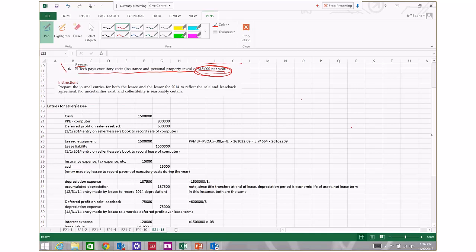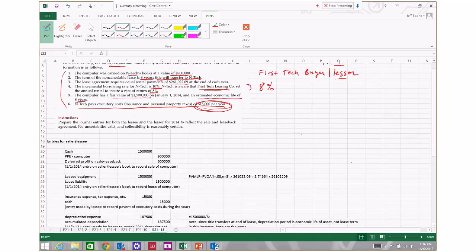What we're asked to do is to prepare the journal entries here for both the lessee and the lessor for 2014 to reflect the sales leaseback.